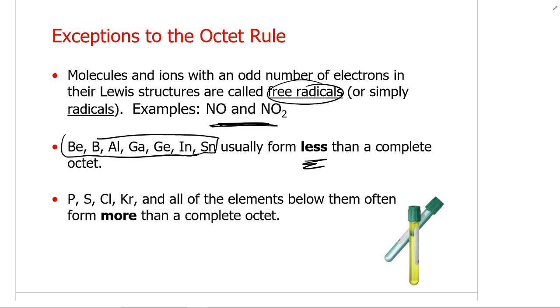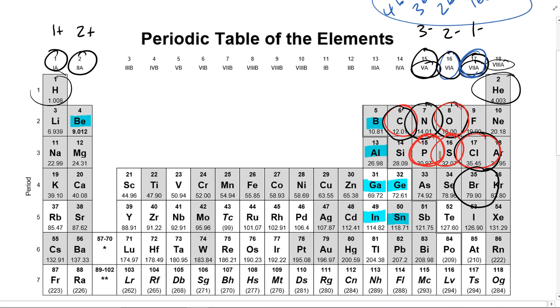Then over here, we have phosphorus, sulfur, chlorine, krypton, and all of the elements below them, which will often form more than a stable octet. On the periodic table, it's these right here and everything below them that may form more than a stable octet.